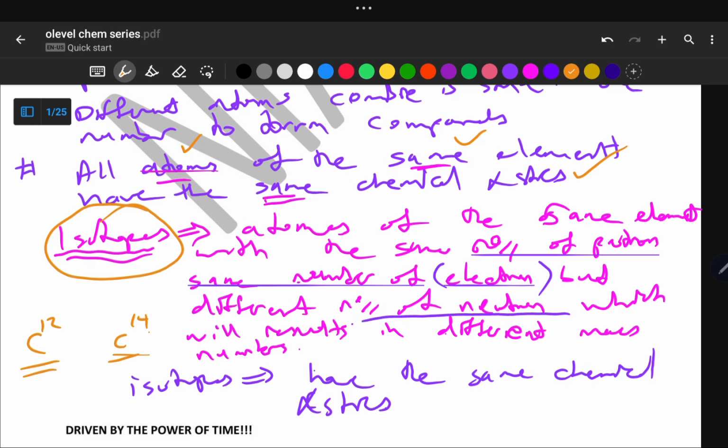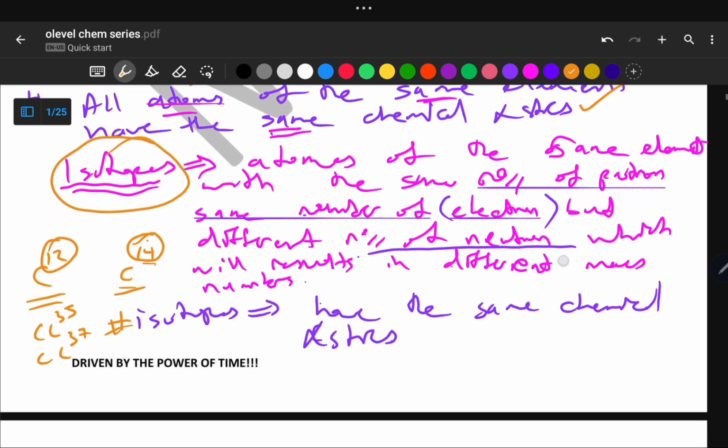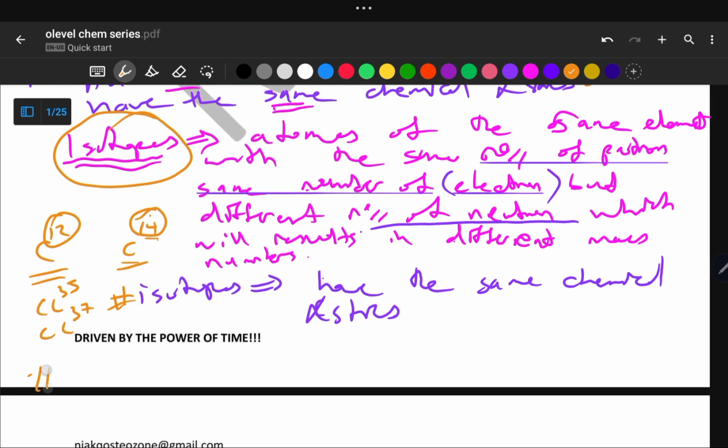They have the same number of protons, same number of electrons, but different mass numbers. So they have the same chemical property. You should take note of that. We have chlorine 35 and then chlorine 37, right? You should understand that. Are we together, guys?